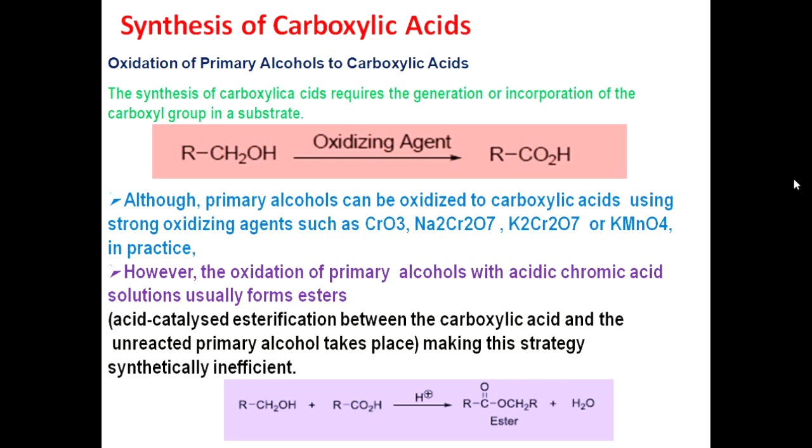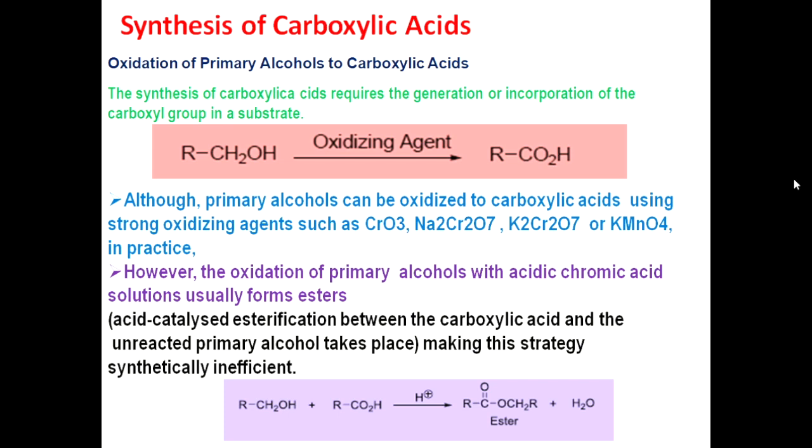Primary alcohols can be converted into the corresponding carboxylic acid via the oxidation method by using various oxidizing agents such as chromic acid CrO3, sodium chromate, potassium chromate, or potassium permanganate.